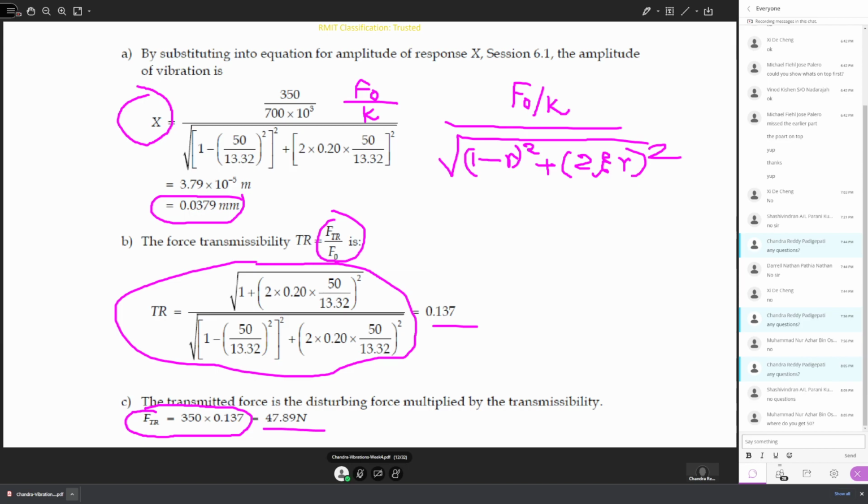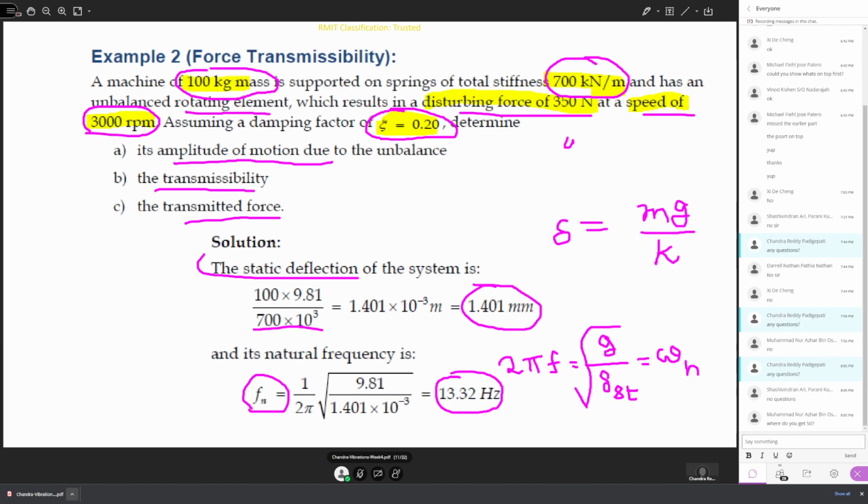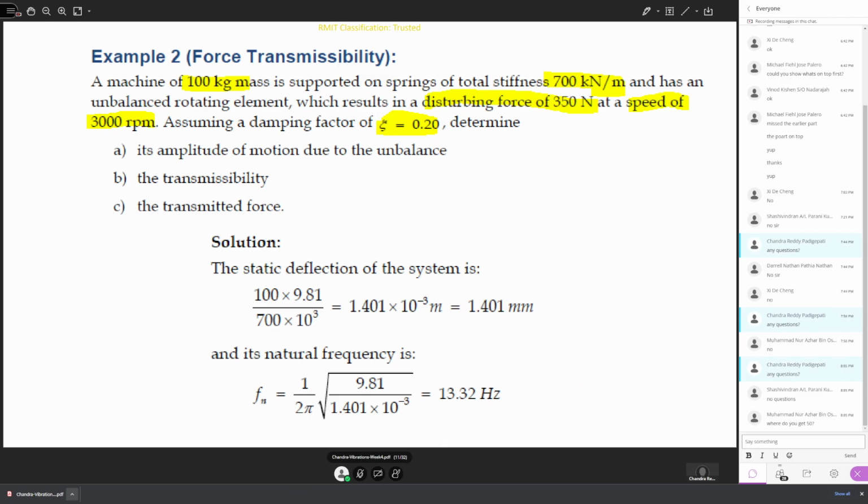The amount of force is 350 newtons, an undesirable force. Out of this, the amount of force transmitted through the system, because of this ratio, is about 47.9 newtons. Guys, any questions, any doubt?